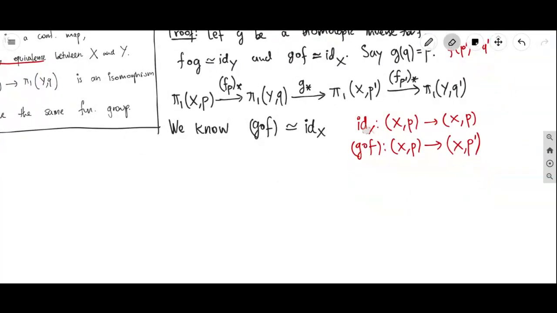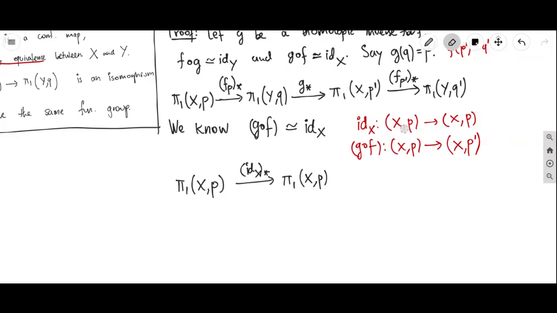So that would mean that when we pass to the fundamental group, we have the following relationship. The identity on X induces a map from pi 1 X comma P. Perhaps it would be better to write it like this: pi 1 X comma P. The identity on X induces an identity mapping, and that would be pi 1 X comma P. Okay, we have this.